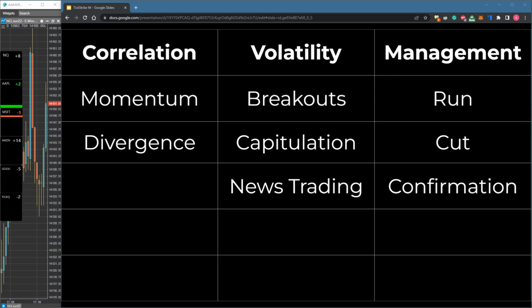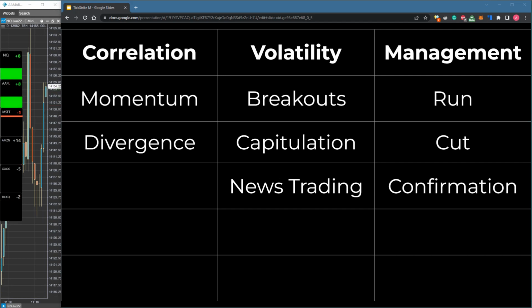But the key thing you're trying to do as a trader, this is what all of you are trying to do, is increase your probability of success. Because whenever you enter a trade, the probability is 50-50, right? The market can either go up or it can go down. It's a binary outcome.